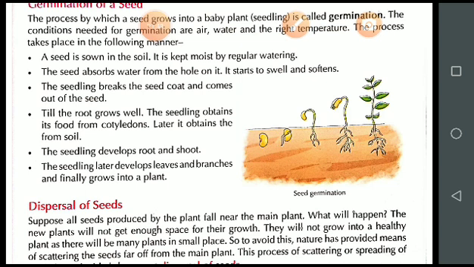But once the seed comes in touch with water, soil and the right temperature, the seed becomes soft, and the baby plant, that is the embryo, comes out from the seed. Now what happens, student? The first sign of growth is a tiny root which comes out of the seed. Is it clear?